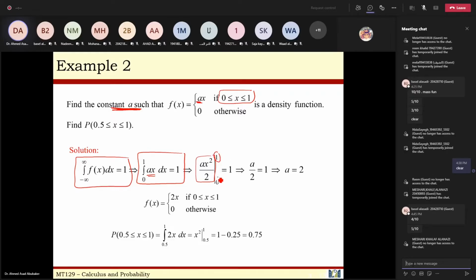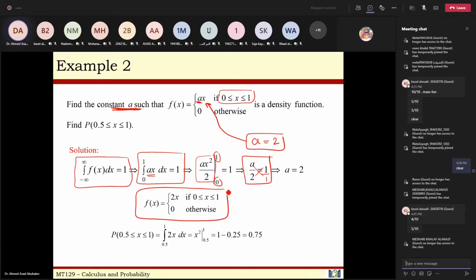Substitute 1, substitute 0, we have this equation. Now this is over 1, so cross the product, so we have A equal 2. Substitute A equal 2, so we have this equation, our density function. So we can find any unknown in the density function by using this formula.